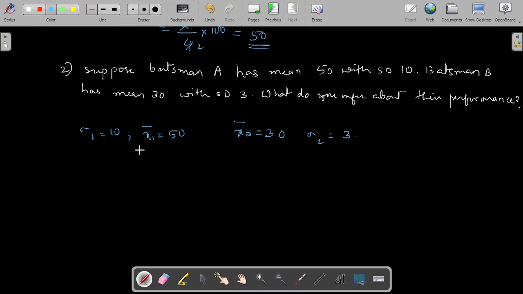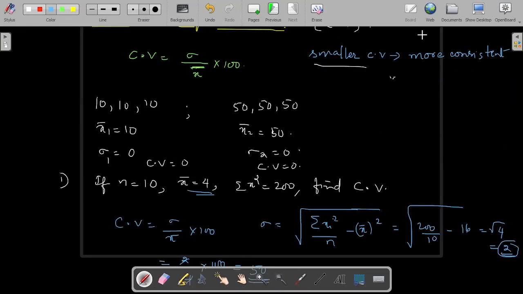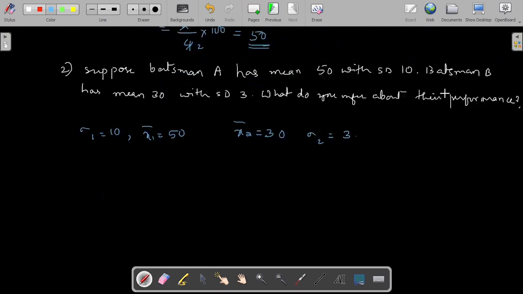The series is most consistent for the smaller CV. I have written here, smaller CV means more consistent. So CV of the first series is sigma 1 by x1 bar into 100. That gives you 10 by 50 into 100. The 0 cancels here. 5 ones are 5, 5 twos are 10. This gives you 20.